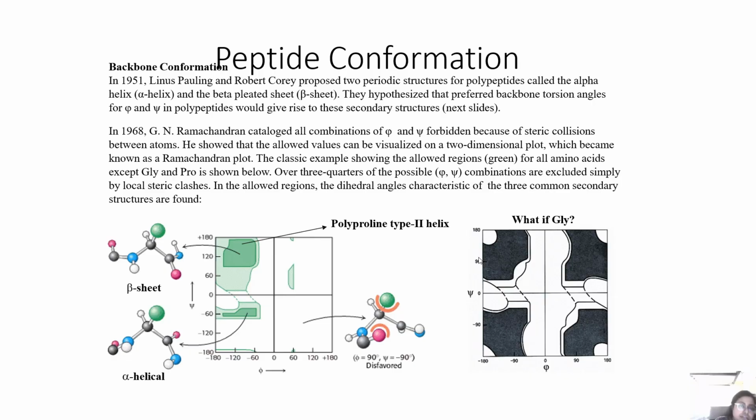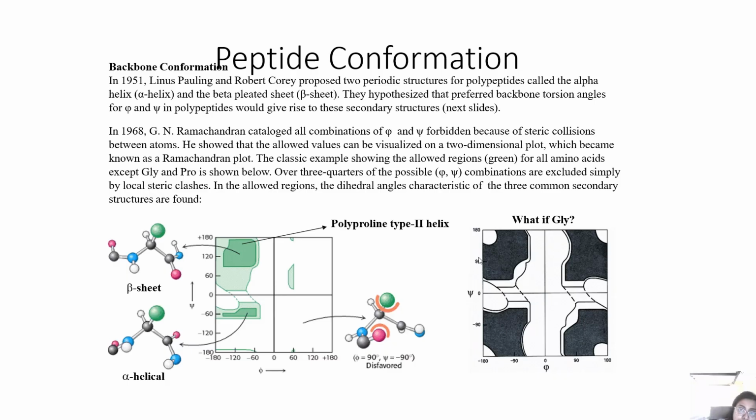G. N. Ramachandran catalogued all combinations of phi and psi forbidden because of steric collisions between atoms. He showed that the allowed values can be visualized on a two-dimensional plot, which became known as the Ramachandran plot.